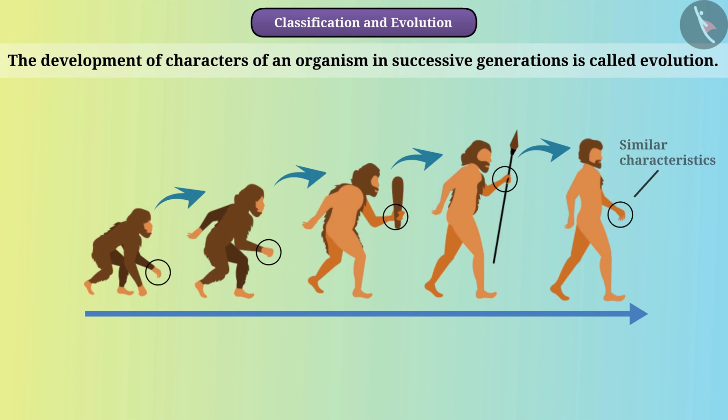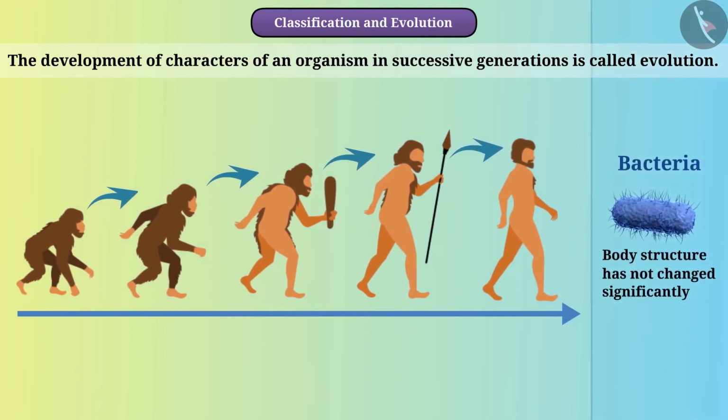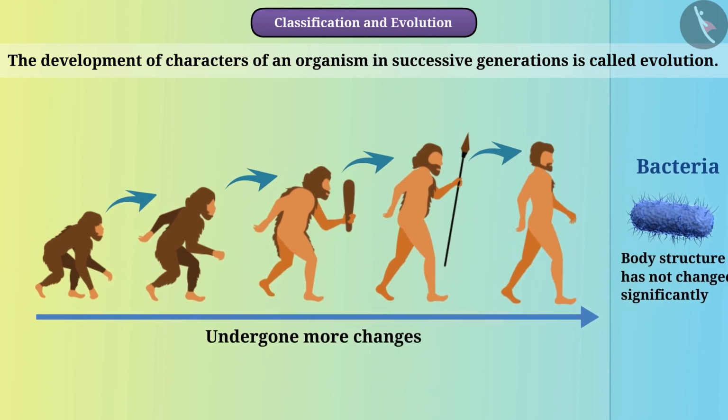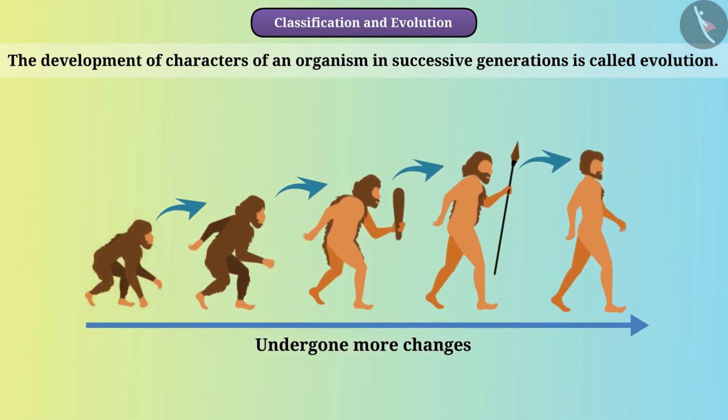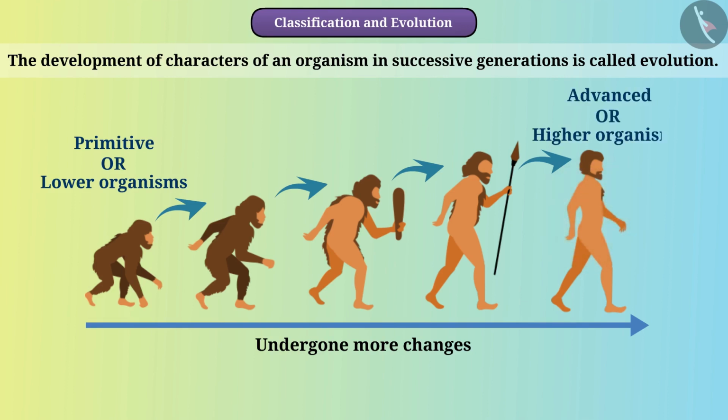We also find that the body structure of some organisms has not changed significantly, whereas other organisms have undergone more changes. We call the first type of organisms primitive or lower organisms, whereas the second type of organisms are called advanced or higher organisms.